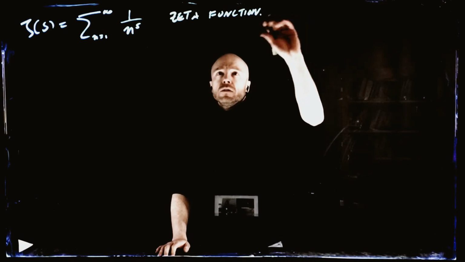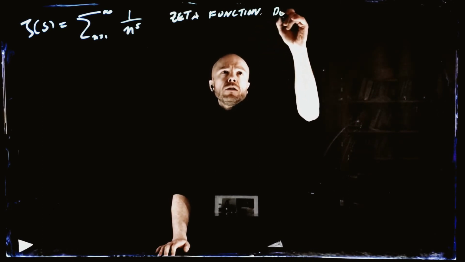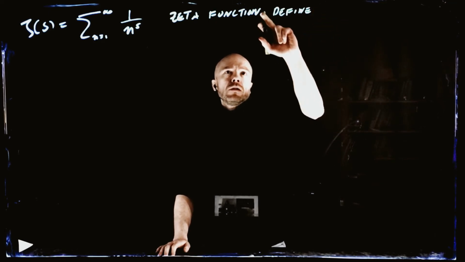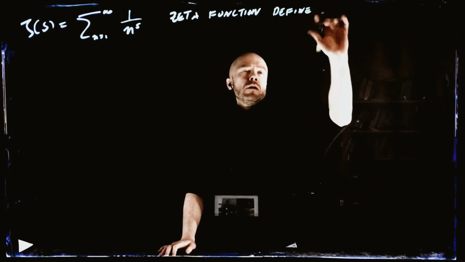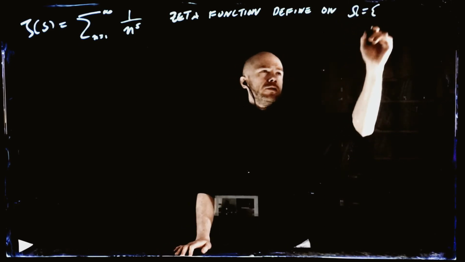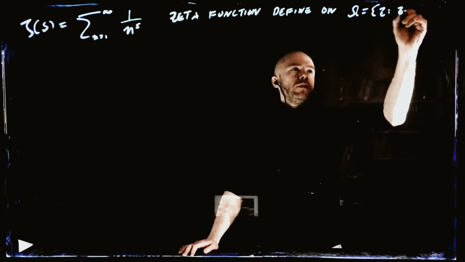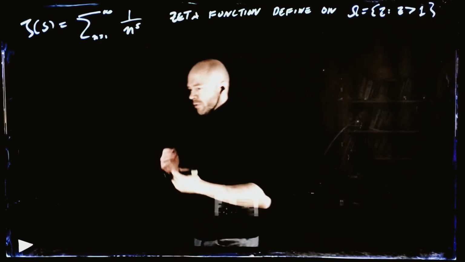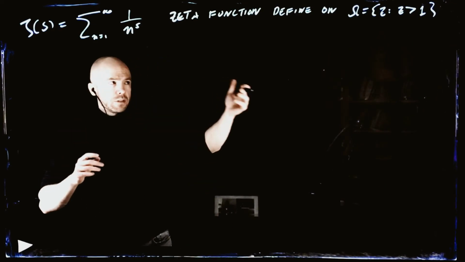So this is defined on the set Omega of z such that the real part of z is bigger than 1. Here I'm cheating a little bit because previously I said we have to include 1, and here I'm excluding 1.